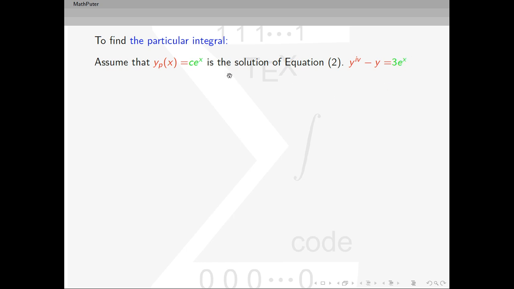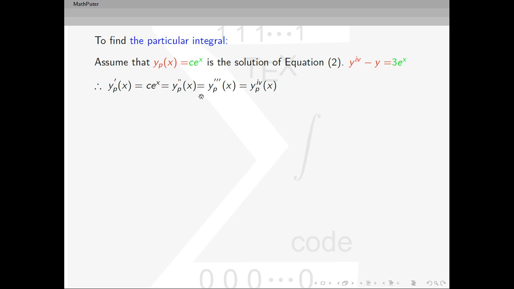So this e raised to x, which I am assuming in the solution. Let us find y dash, y double dash, third derivative and fourth derivative of y. This is an exponential function which has derivative itself. So this is the first derivative. You can verify the second derivative, third derivative and fourth derivative. All the derivatives are equal.